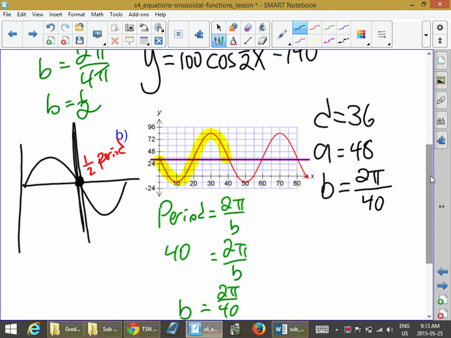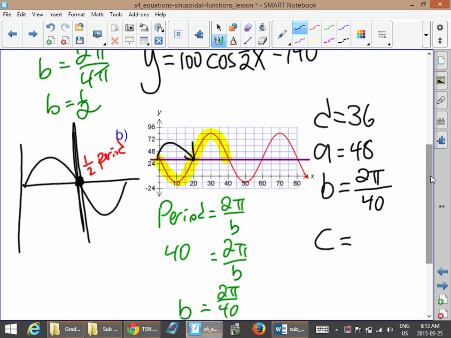So, what is our c value going to be now? Because here's what I see. I see that our graph, our normal graph, got moved over 20 units. 20 units. Okay?